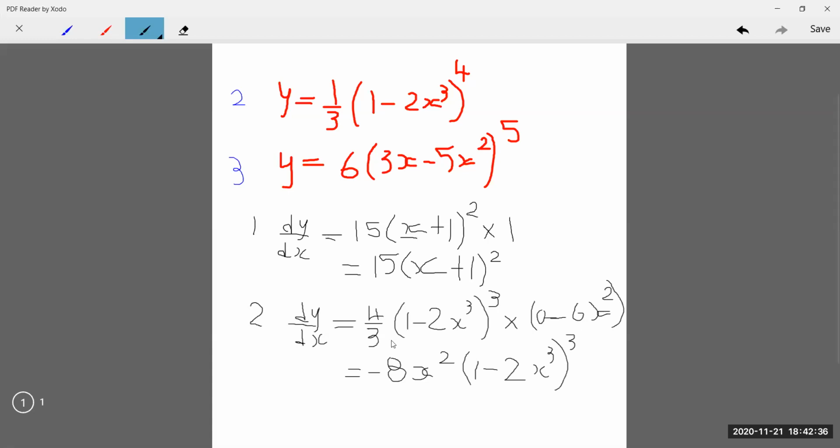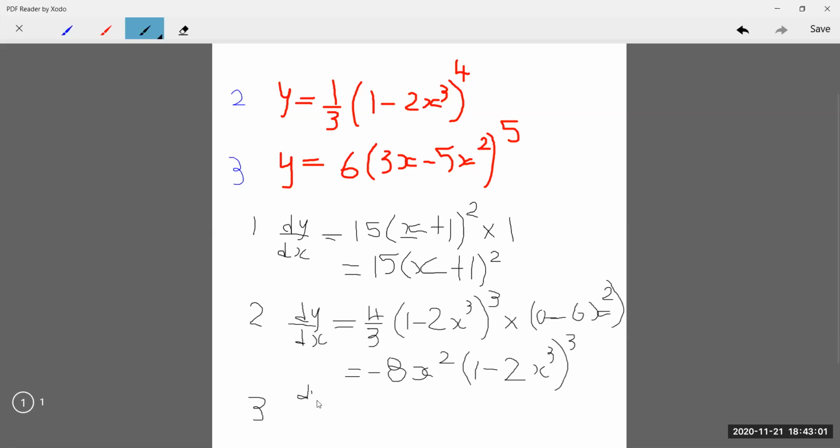Then you get minus 4 over 3 times 6x squared. That's 4 times 6 is 24, so you get negative 24, and it's being divided by 3. 24 over 3 is 8. All right? So that's how you simplify it. You always want to simplify it afterwards. Let's look at number 3 now.